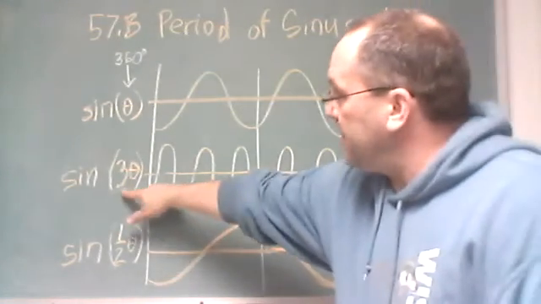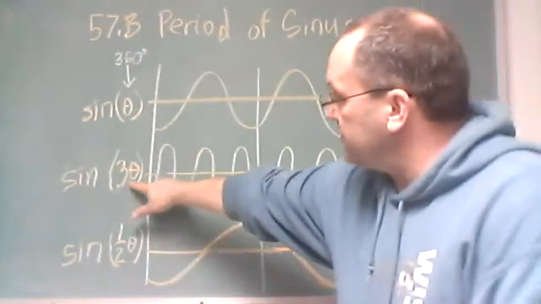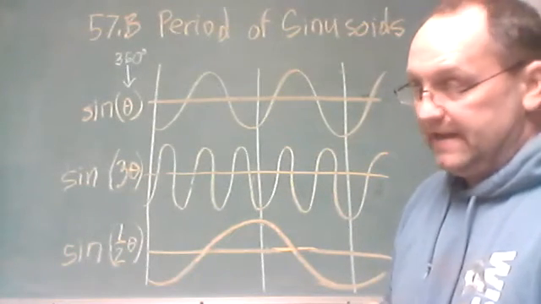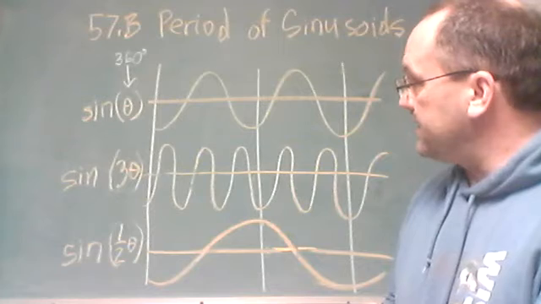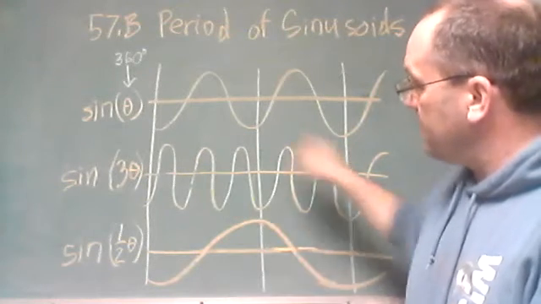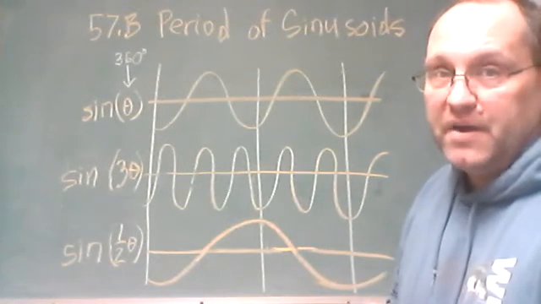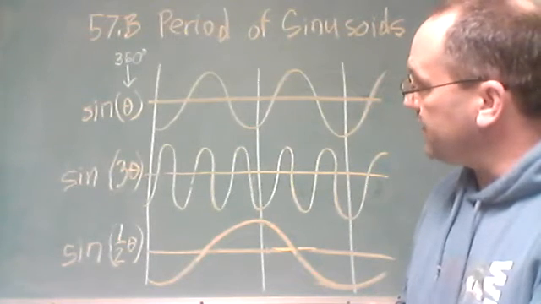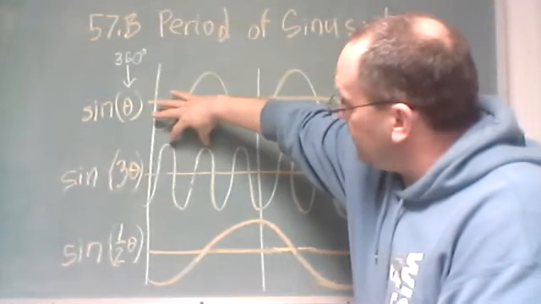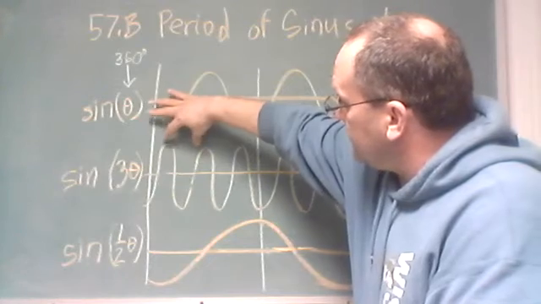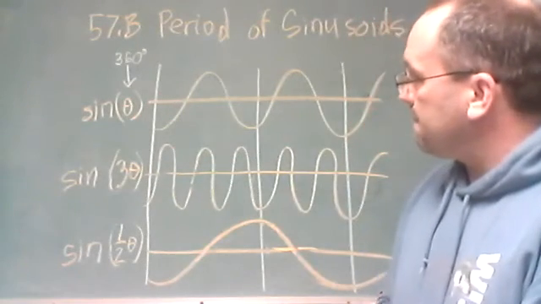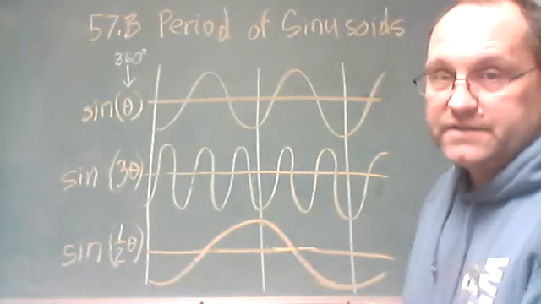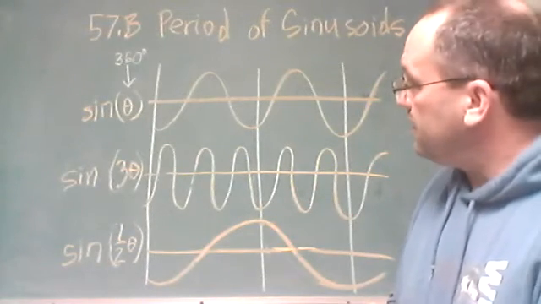If we are multiplying the variable, which is theta, the angle theta, by a number, it increases the number of periods for that angle of 360 degrees. So the period will be less. We have more repetitions of the sine function when we do that.